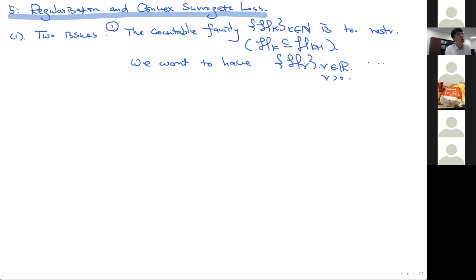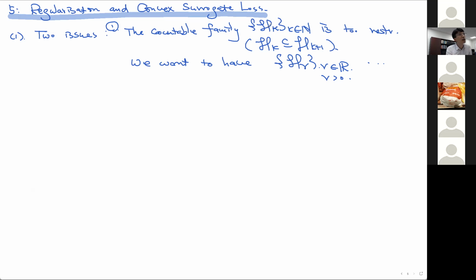It turns out if you parameterize by a real number instead of a natural number, and make this parameterization smooth or continuous in some right way, then the optimization problem becomes easier, because we can exploit that extra structure that relates this parameter gamma and the hypothesis set.